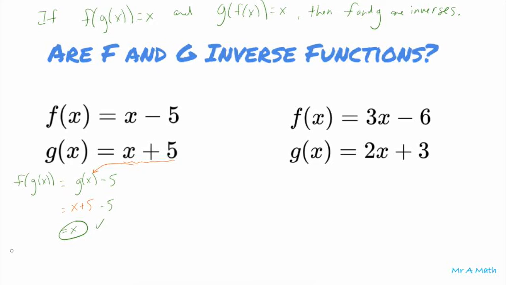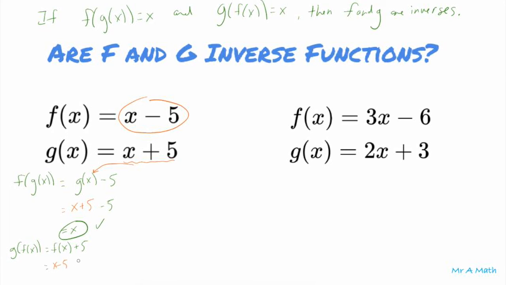That works. But let's try g of f of x. If I do g of f of x, well, g of x is x plus 5. So I'm going to do x plus 5, but instead of x, I'm going to write it as f of x plus 5. And then instead of writing it as f of x, well, I know f of x is x minus 5. So I'm going to plug in x minus 5 for f of x.